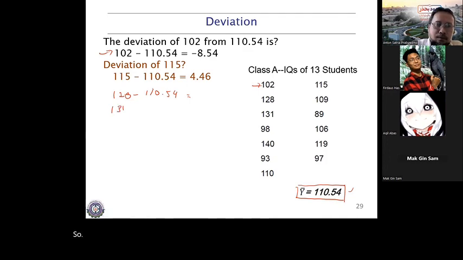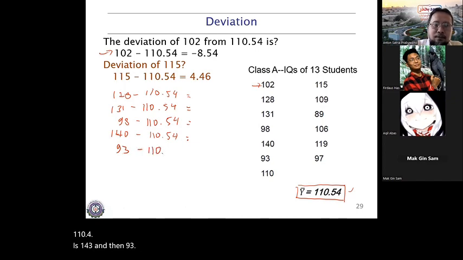So 131 equal 1154. All 98 equal minus 11 0.54. 140 minus 110.4 is 140, and then 93 minus all minus average or the mean, all minus mean this year, and 110 minus 110.54.